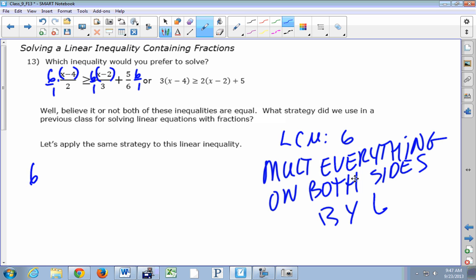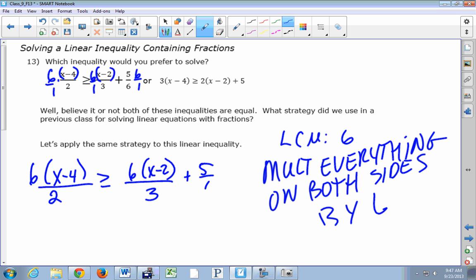So we get 6 times (x minus 4) all over 2 is greater than 6 times (x minus 2) all over 3 plus 5 times 6. And what happens? Every single denominator will have a common factor with your multiple because you've chosen it that way.